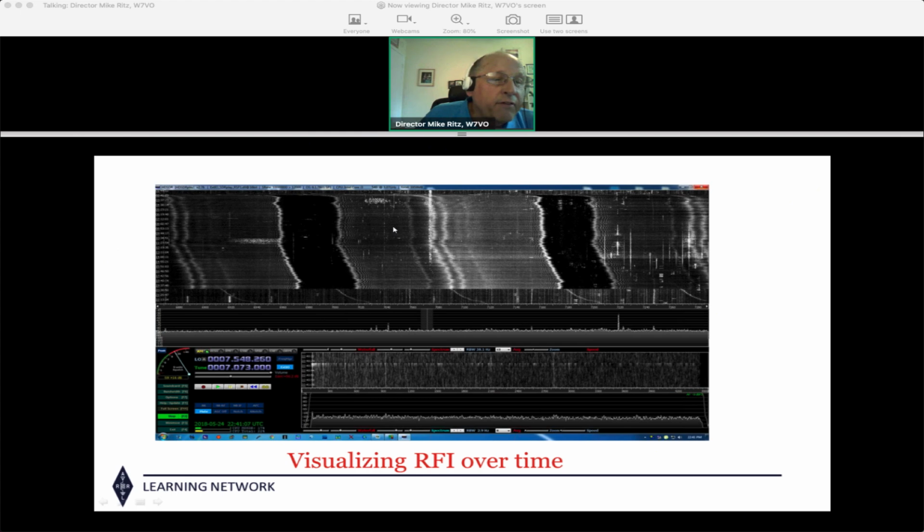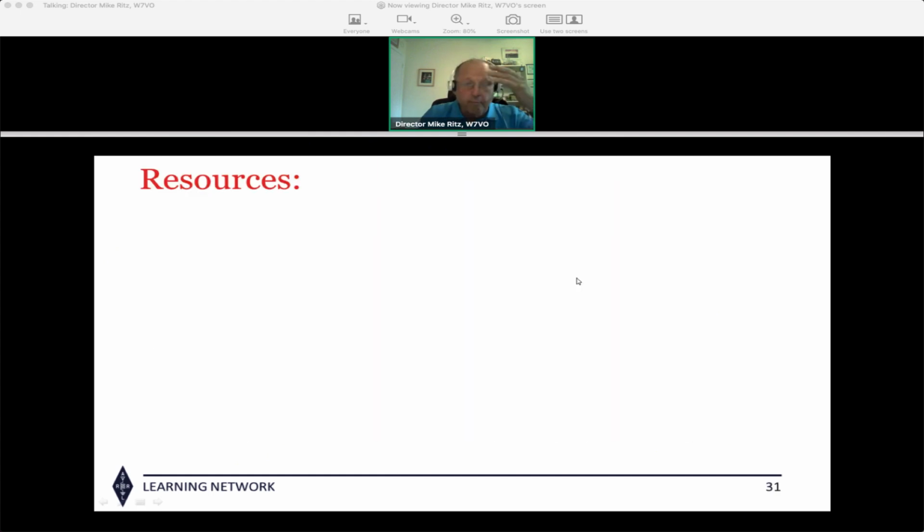These are, I believe, in about 10-minute or 20-minute intervals on the side. And you can see the actual frequency of the noise source is changing as time goes on, and all of a sudden, at a certain time, it turns off. At that point, you notice now there's all these signals and other noise sources in here. So this is an example of the AGC being taken over by the noise source.